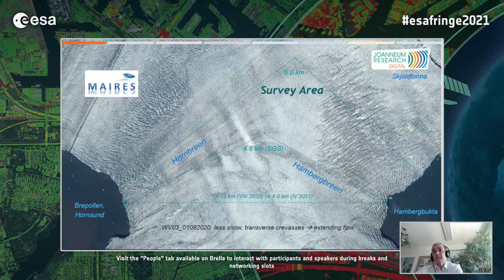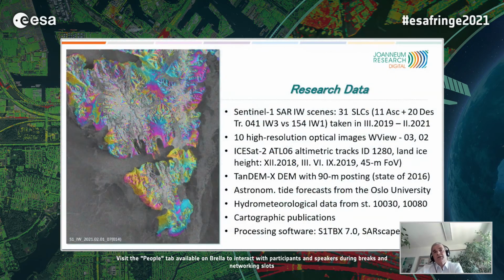The transverse orientation of crevasses here and here indicates a rather extending character of ice flow in both parts of this ice bridge. New Sentinel SAR interferograms also show that the configuration of the ice bridge and the character of ice flow in this area changed drastically compared to the previous results.